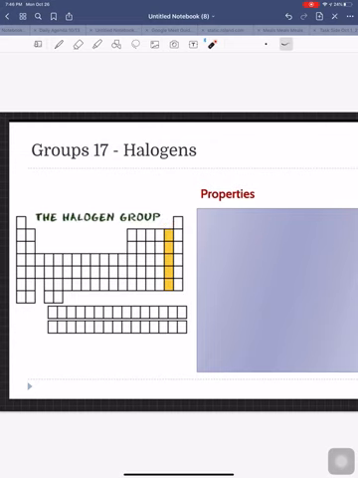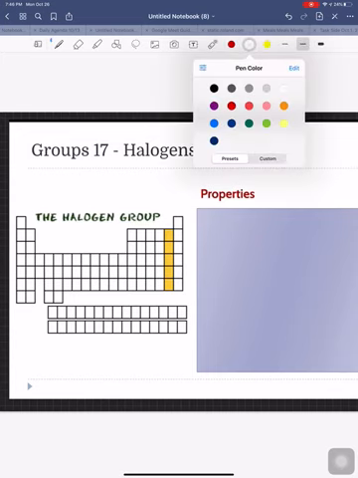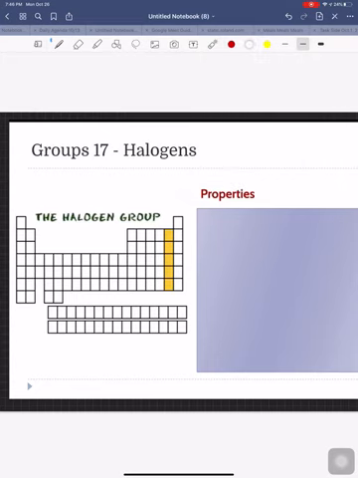non-metals. So group 17 is, like I say, I'll call it group 17 a lot. Those are also called our halogens. And they are known for being the most reactive and desperate to bond nonmetals that exist.